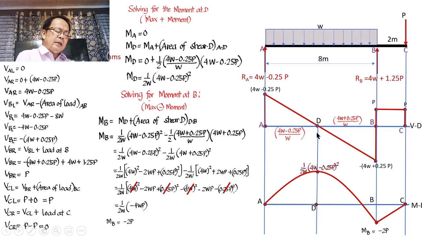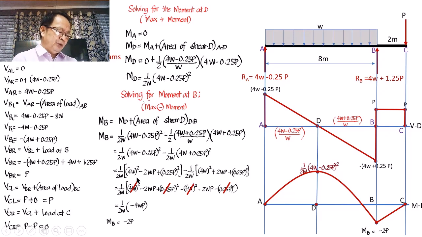Which is taken by the relation that the moment at B will be equal to the moment at D plus the area of the shear from D to B. At in our computation, naging medyo mahaba-haba, ano? Kung medyo tinatamad-tamad ka, baka isipin mo, mali na yung ginagawa mo, ano? Kasi ang haba-haba na yan, at hindi mo naman siya basta-basta magagamitan ng calculator kasi yung ating moment is expressed in terms of two variables.